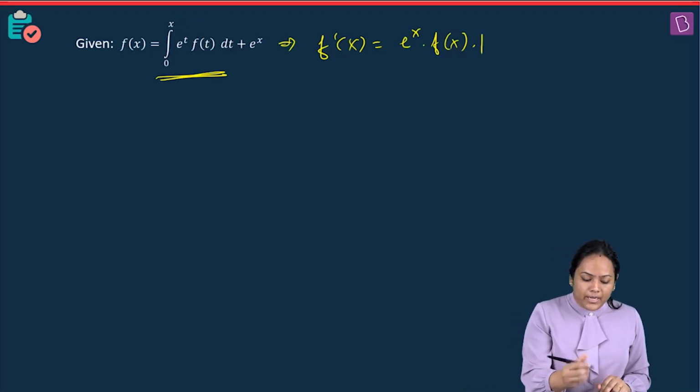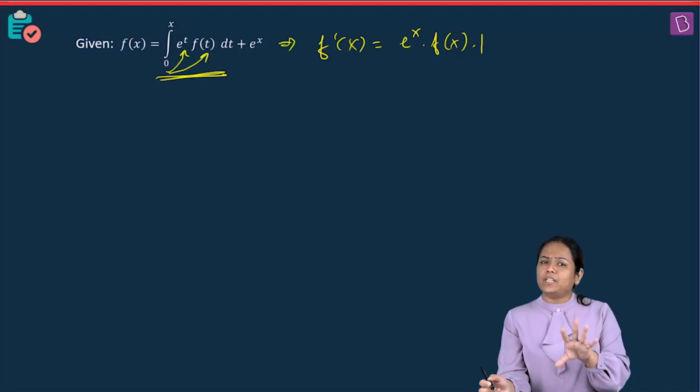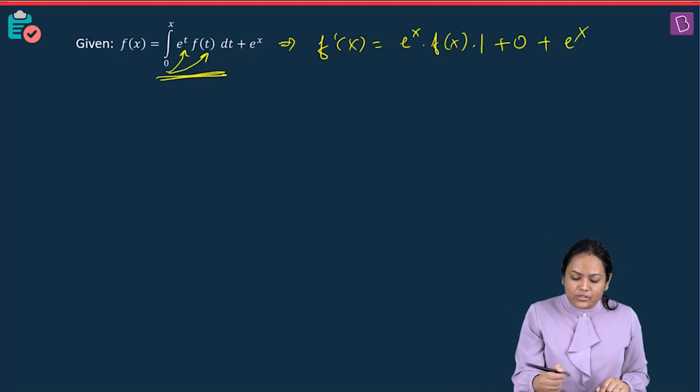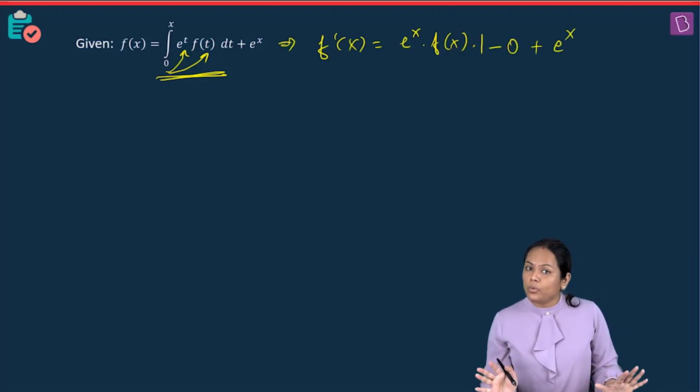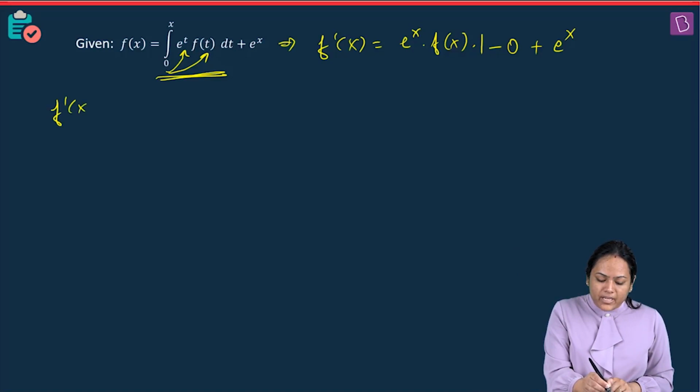Then I put my lower limit, which is 0, a constant number. Its derivative is going to be 0. So this is 0, and then I have e raised to x, whose derivative again is e raised to x. Understood?